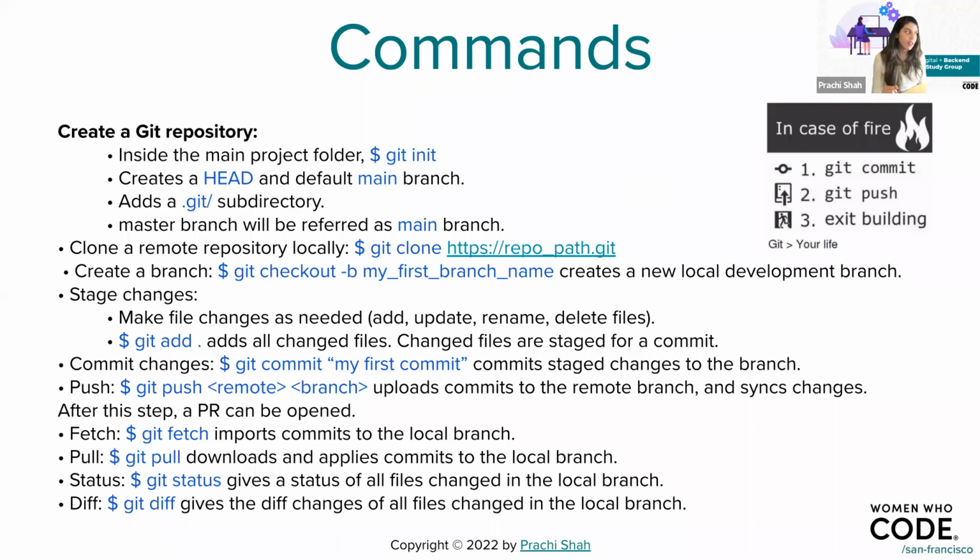There's a concept of staging changes, which means that any changes made to the files, your code or project, should be staged for pushing or uploading to GitHub. I can make all sorts of changes in my local workspace in my Git project, but I need to stage them in preparation for creating a pull request.